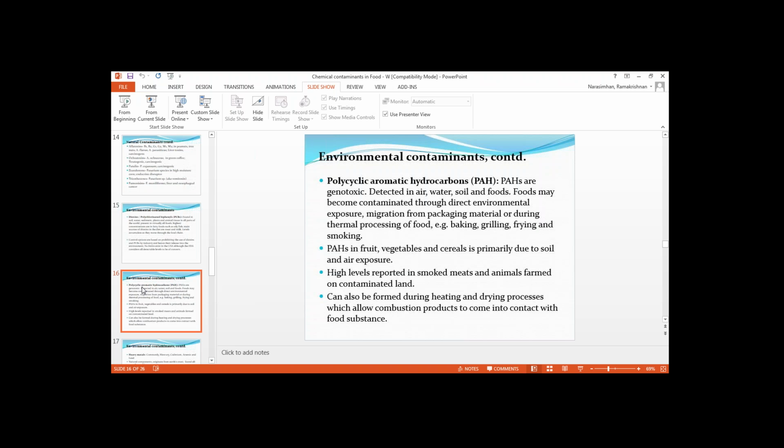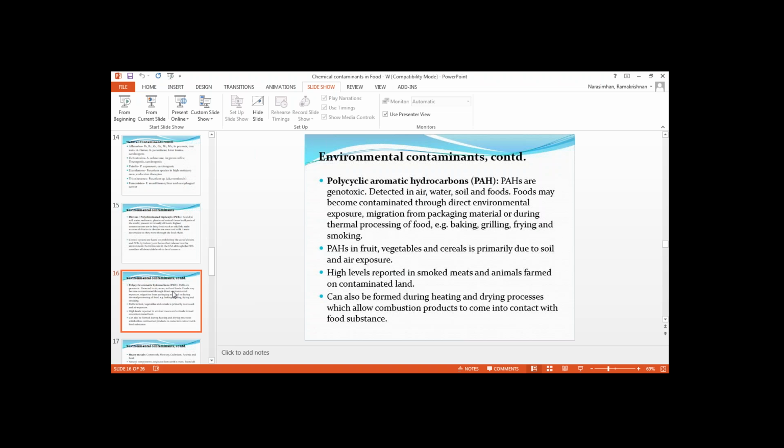Food may become contaminated through direct exposure, or sometimes by migrating from packaging material, or also during thermal processing of food. I can give you an example: baking, grilling, frying, smoking. All these process steps may lead to the formation of polycyclic aromatic hydrocarbons. Okay? But when we talk about fruits and vegetables and cereals, it's primarily through soil and air exposure.